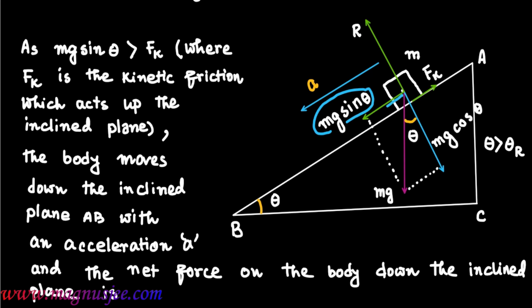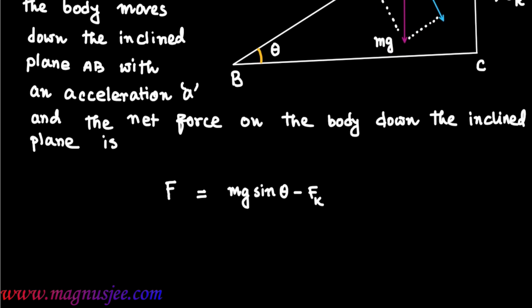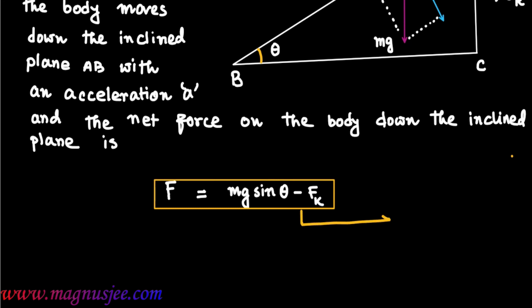The mg sin theta component acts down the inclined plane and kinetic friction acts up the inclined plane. So the body will be moving down the inclined plane with an acceleration a, and the net force will be mg sin theta minus Fk. This is the expression of net force acting on the body down the inclined plane in equation 1: F equal to mg sin theta minus Fk.